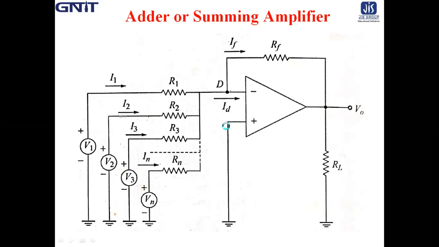Here the non-inverting terminal is grounded and the inverting terminal is connected to a series of voltage sources V1, V2, V3 up to Vn with series resistances R1, R2, R3 up to Rn. The currents flowing in these branches are I1, I2, I3 up to In.